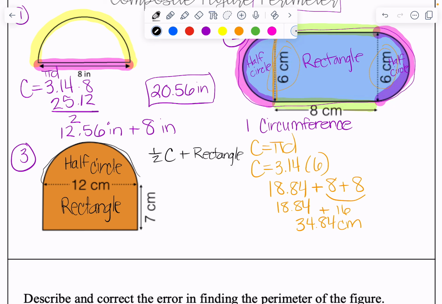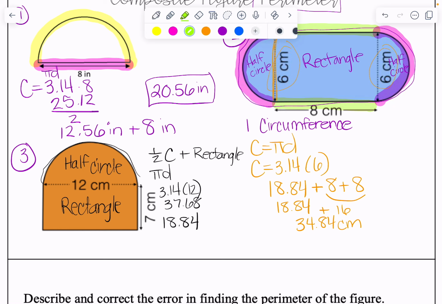So half of the circumference, I'm gonna be using my pi times d formula, okay, because that 12 centimeters is telling me the diameter of that circle. So we're gonna do 3.14 times 12. And when I do that, I get 37.68. Now, keep in mind that would be a full circumference. I don't need the full distance around a circle, I need half of that. So I'm gonna divide that by 2 to get 18.84.